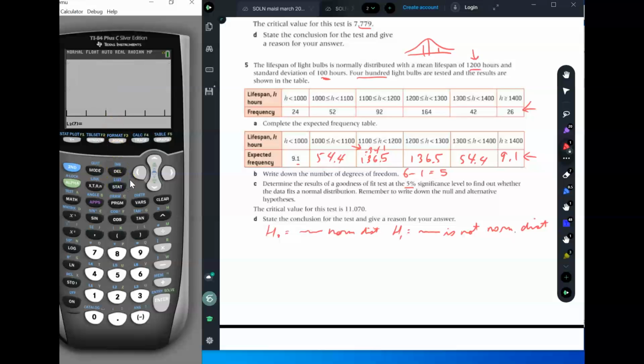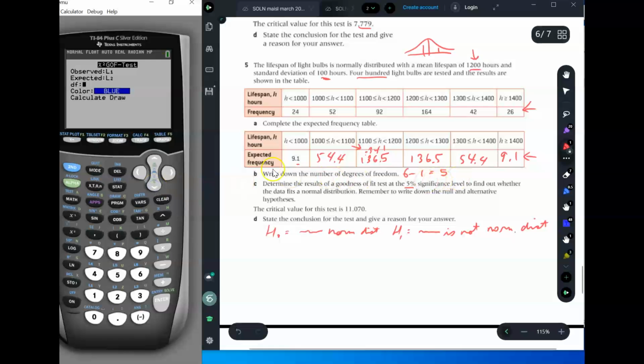And then I'm going to run stat test chi-squared GOF. Go to the second page, going from bottom to top because that's faster. I press enter. L1 and L2 I leave as is because that's exactly where I put them. The degrees of freedom this time is 6 minus 1 equals 5, so I put 5.